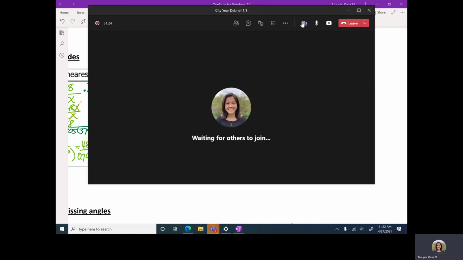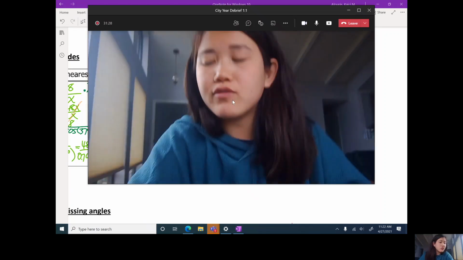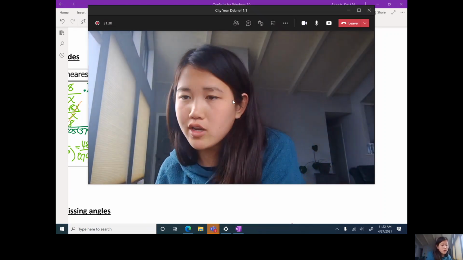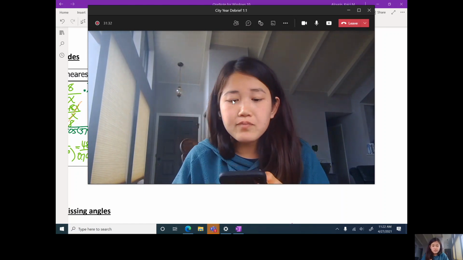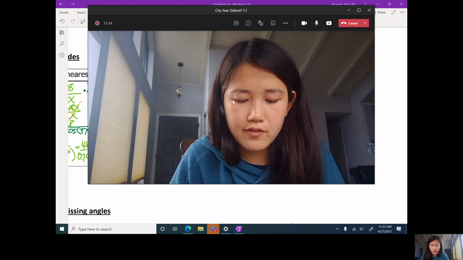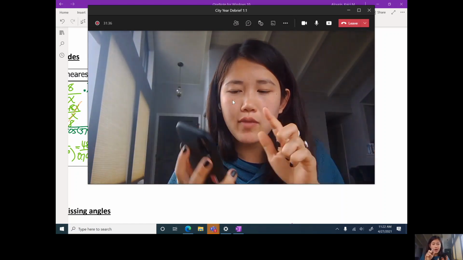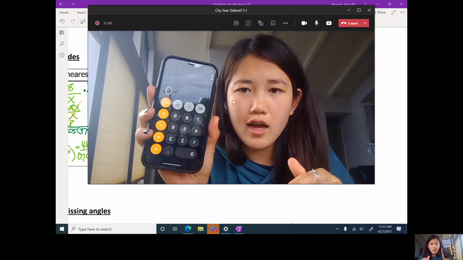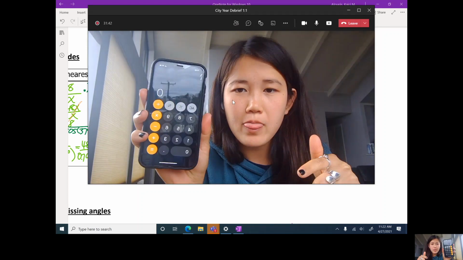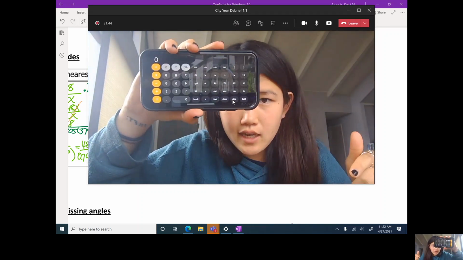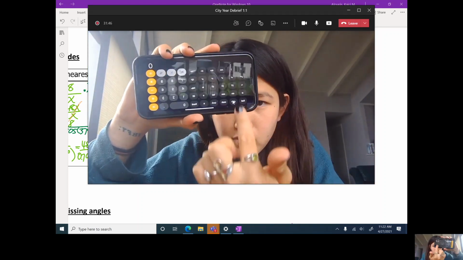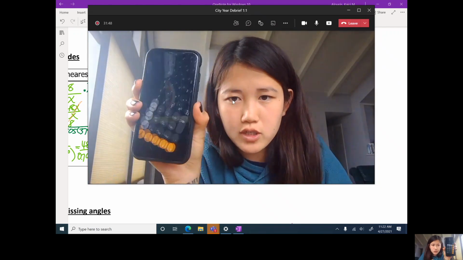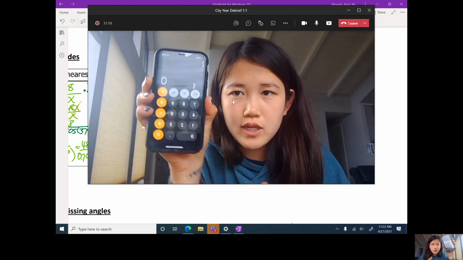What I'm going to show you now is how to use a phone calculator. If you have an iPhone, or any other kind of phone calculator, you need to unlock your phone so you can rotate it. Okay? And now I can rotate it and you can see how there's a bunch more functions over here. Before it's just the standard situation.